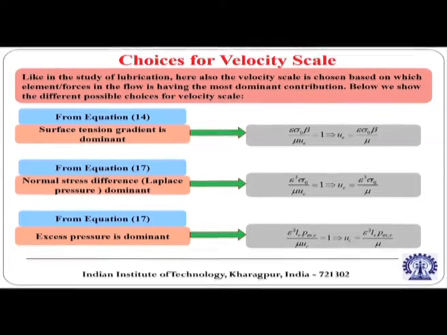If the excess pressure is dominant, you can see that P excess is actually P dash excess divided by Pc. So let us get back to equation 17.